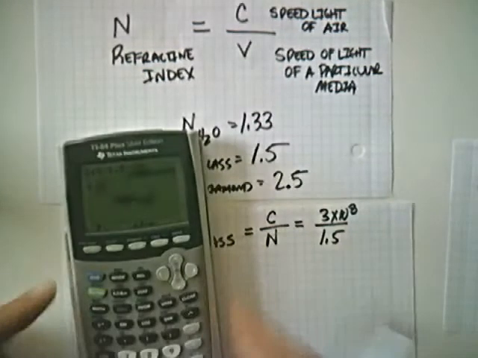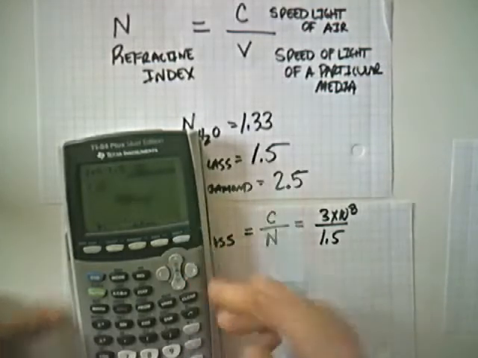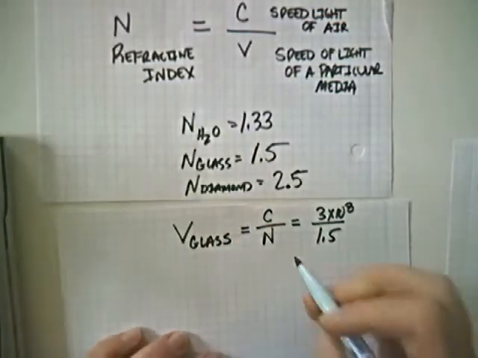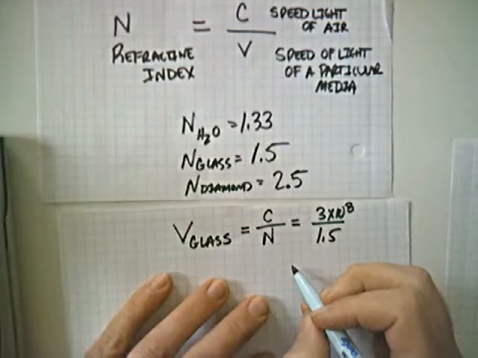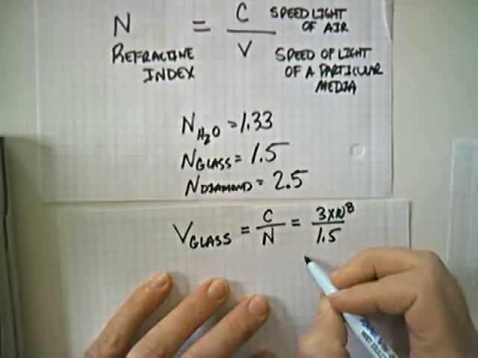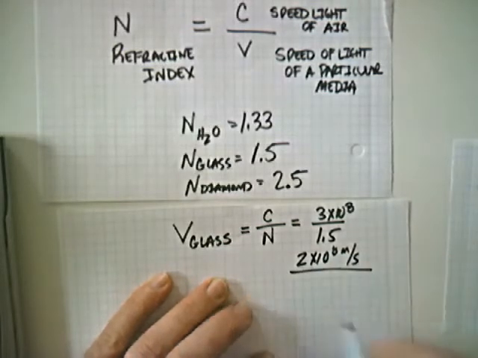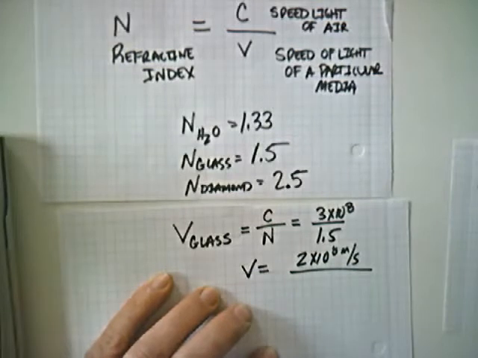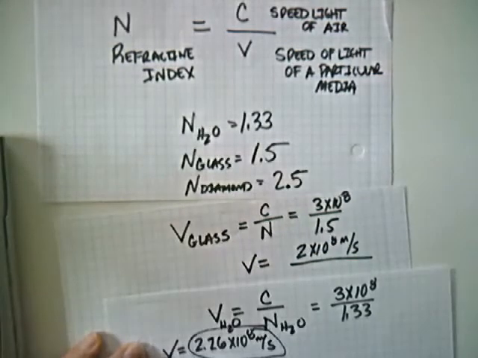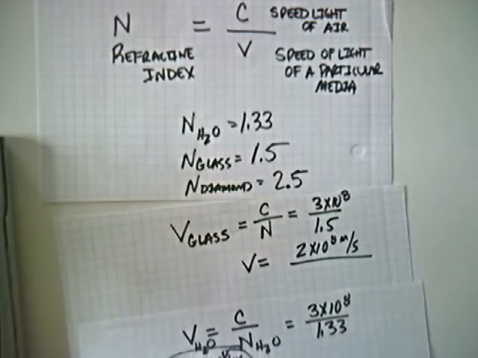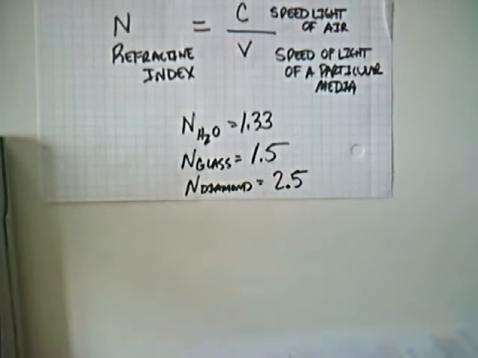And so I get 2 times 10 to the 8th. 2 times 10 to the 8th meters per second is V. So the V in water was 2.26, and then the V in glass is 2 times 10 to the 8th.